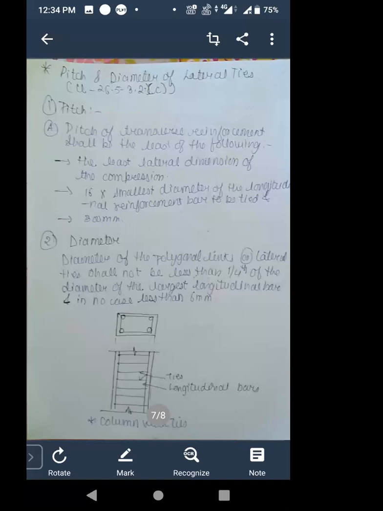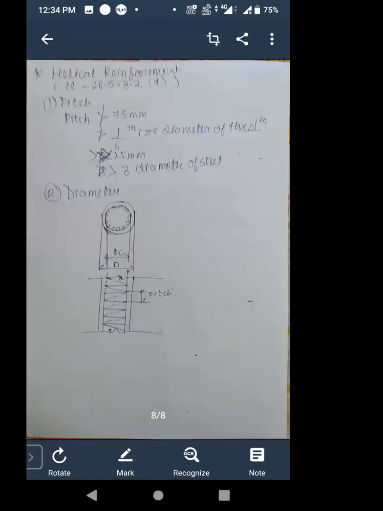Then there is helical reinforcement. Mainly we do not provide helical reinforcement, but in case you need to provide it, the pitch should not be more than 3 times the diameter of the steel.